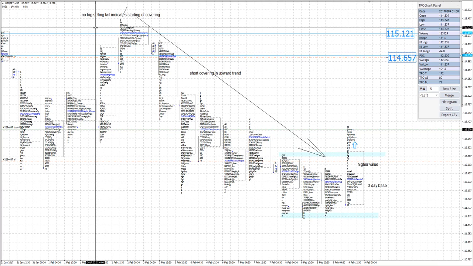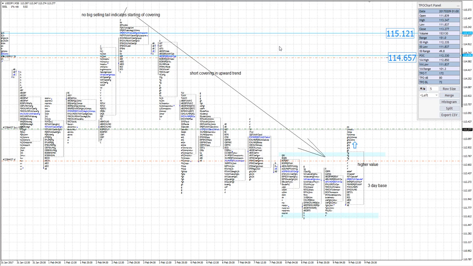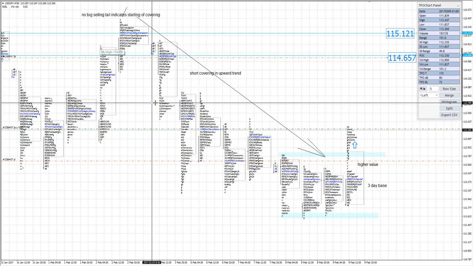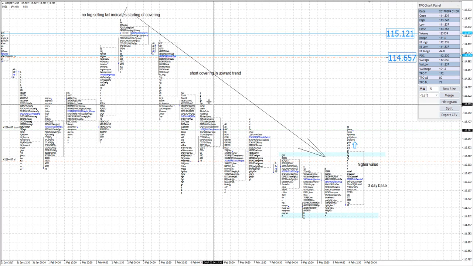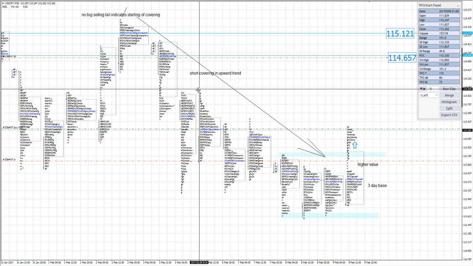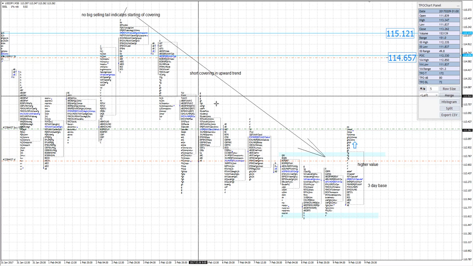I was interested to see what caused this selling from this point, and I didn't find anything big in the price. Basically, there is no big selling tail. A selling tail represents single prints, something like you see here, G prints or D prints.